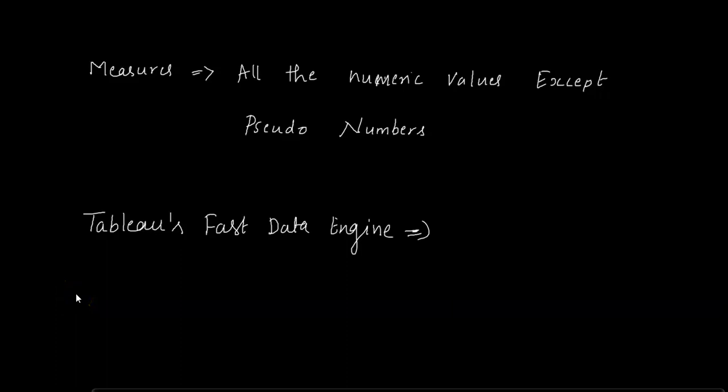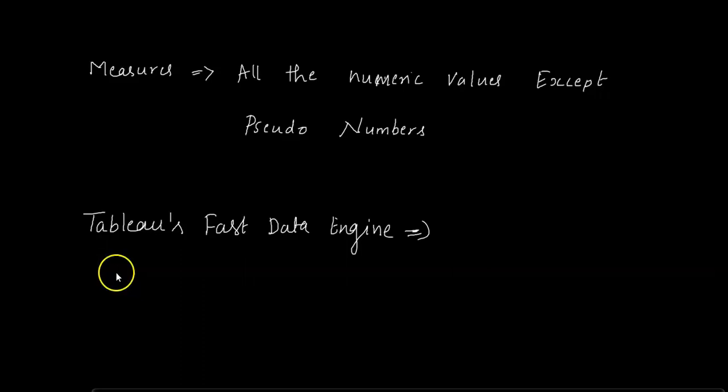Now the next question is, how does Tableau do this? There is something called Tableau's fast data engine. This is part of Tableau's data server component, which takes care of all the data related activities. This is the one which will assign a data type to the field. Tableau usually does a good job. In case you think it is misclassified, then you can easily change the data type, which we have already seen.